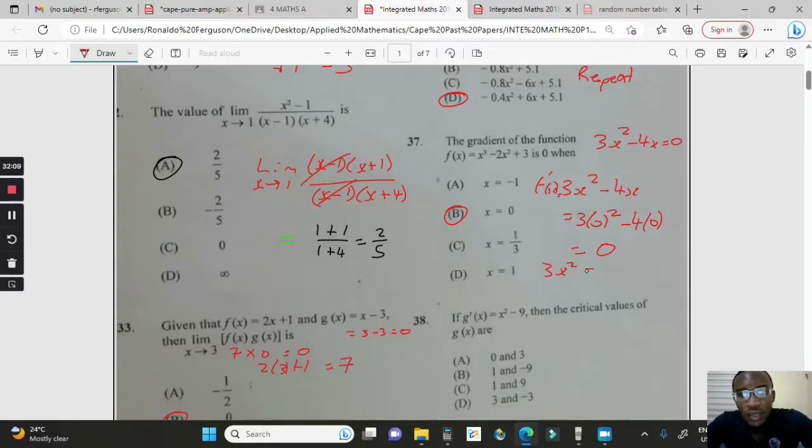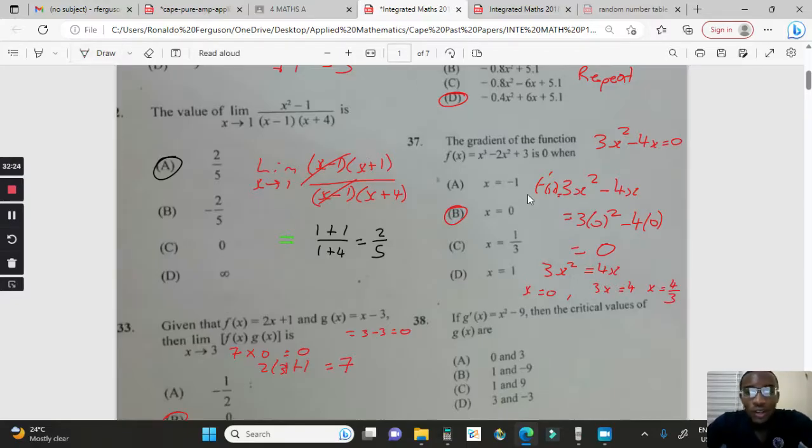So 3x squared is equal to 4x. We know x equals 0 is one answer. The next answer is 3x equals 4, and so x would be 4 over 3. So it's 4 over 3 and 0. But either way, we were correct doing the rubbish way, meaning we interpreted the question wrong, but the answer would still have been correct. But let me rub off the incorrect solution.